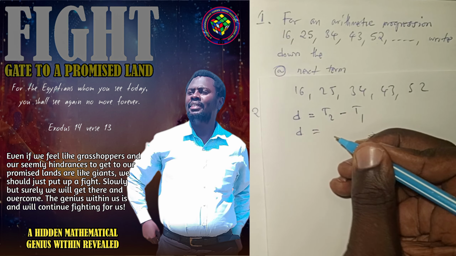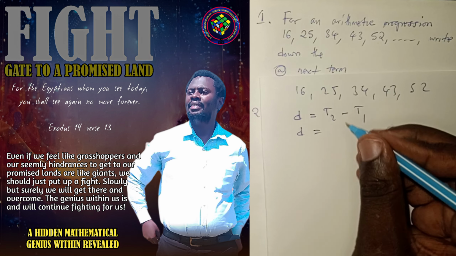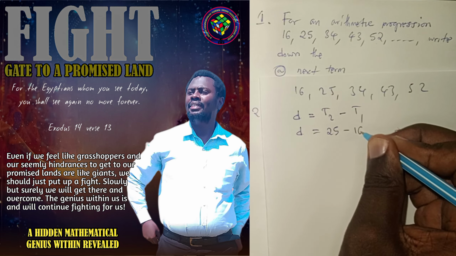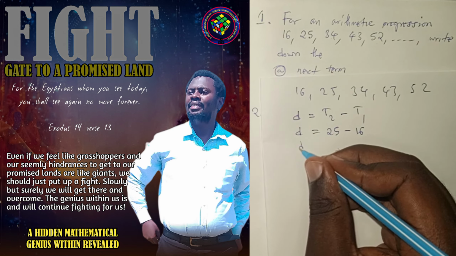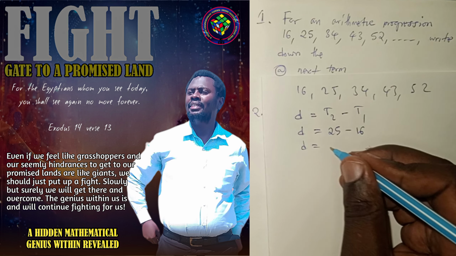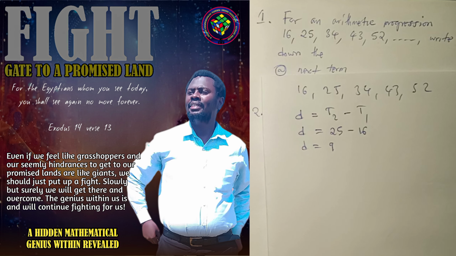So D is equal to 25 minus 16. And what is 25 minus 16? Yes, you get 9. So the common difference is positive 9.